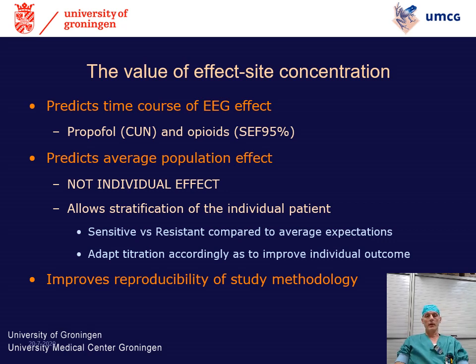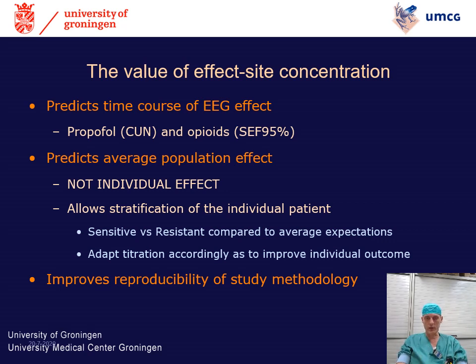Secondly, the second advantage is we get a prediction of the average population effect. So although we do not predict the individual effect, this allows us to stratify the individual patient according to the sensitivity of his response to our drug concentration.